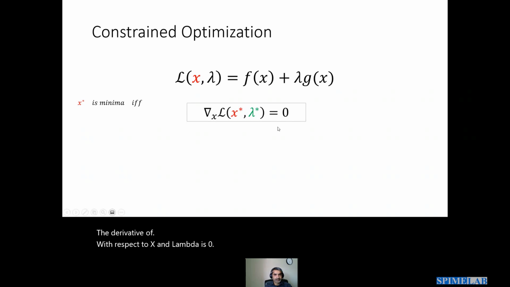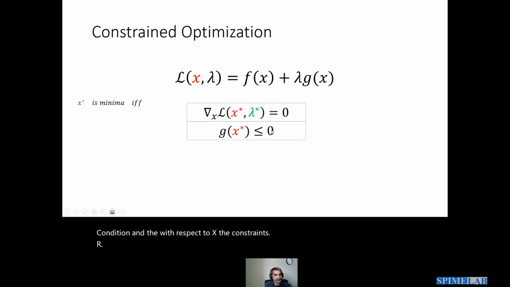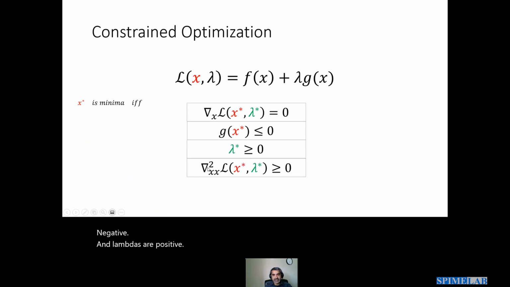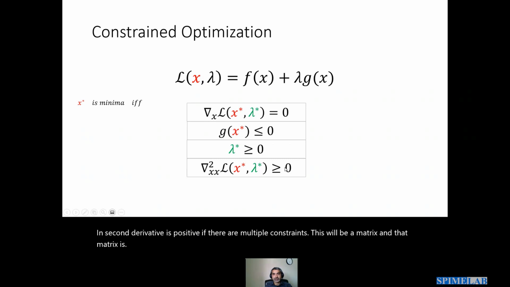This condition, and with respect to x, the constraints are negative and lambdas are positive. And the second derivative is positive. If there are multiple constraints, this will be a matrix, and that matrix is having positive values.